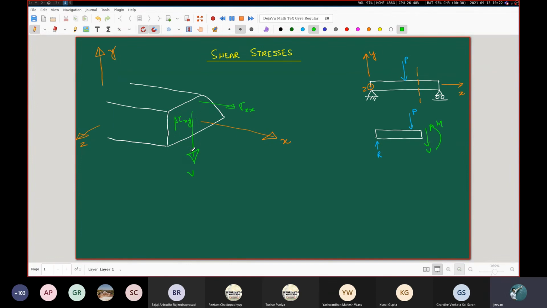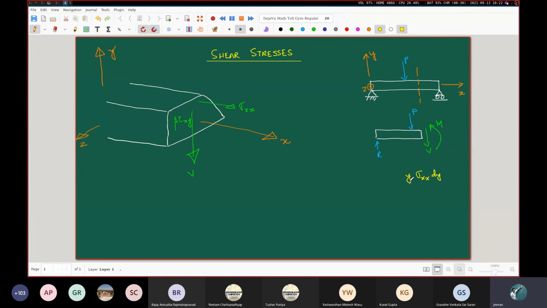Now, just like before, we had said in the previous chapter that y times sigma xx dy, so sigma xx dy is the elemental force acting on a little area element on the cross section.